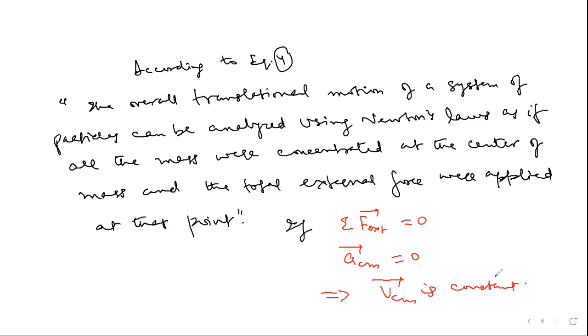That means if the net external force on a system of particles is 0, then the center of mass of the system moves with constant velocity, right? So this was the center of mass of an n particle system in 3 dimensions.